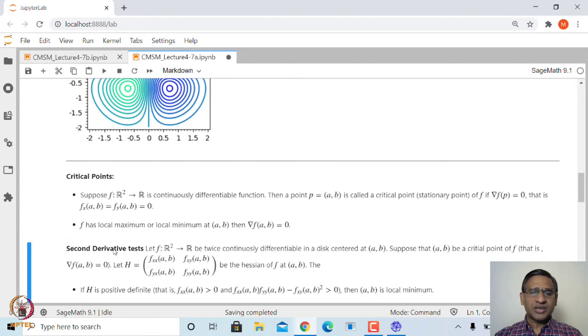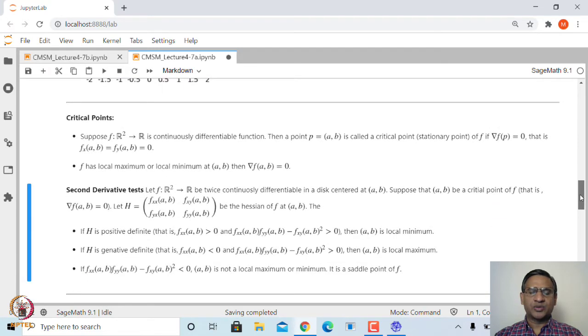In order to find critical points, you have to solve gradient of f equal to 0 for all those values of a and b, and once you have found the critical points, you need to classify whether each is a point of local maximum, local minimum or a saddle point. For this you have the second derivative test, very similar to the one variable case.